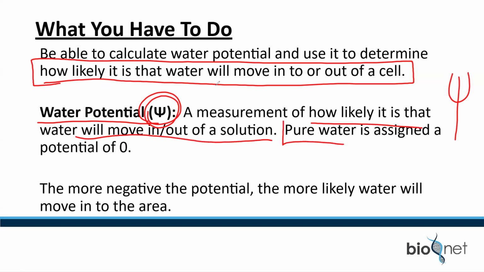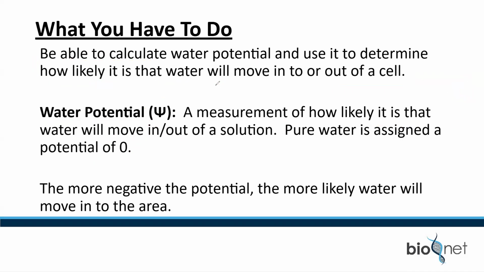And we'll talk about why pure water is assigned a water potential of 0 when we get more into the equations. We're just going to understand the conceptual part of it first. The big piece for our conceptual understanding is that the more negative the water potential, the more likely that water will move to that area. So let's see an example here.